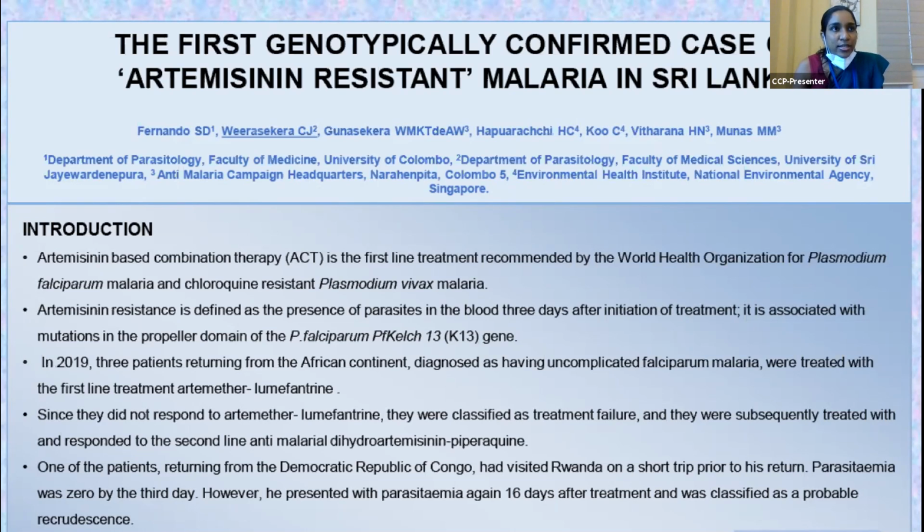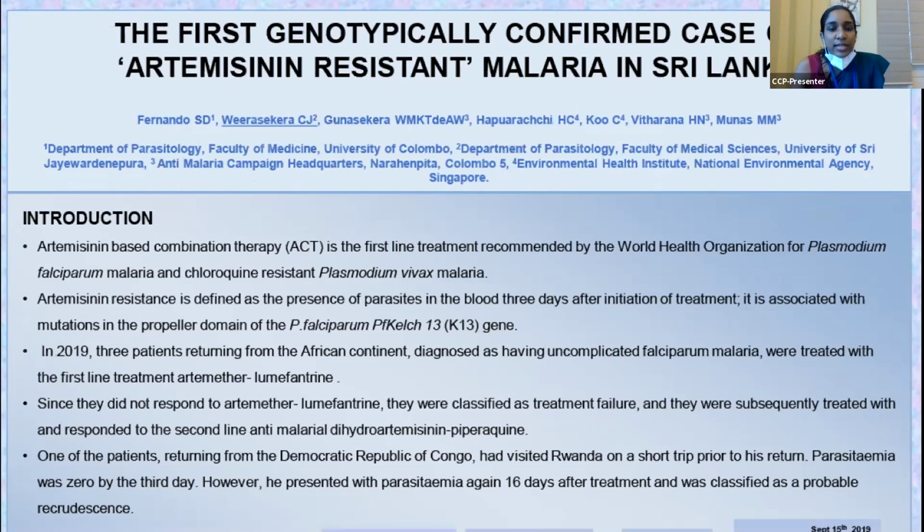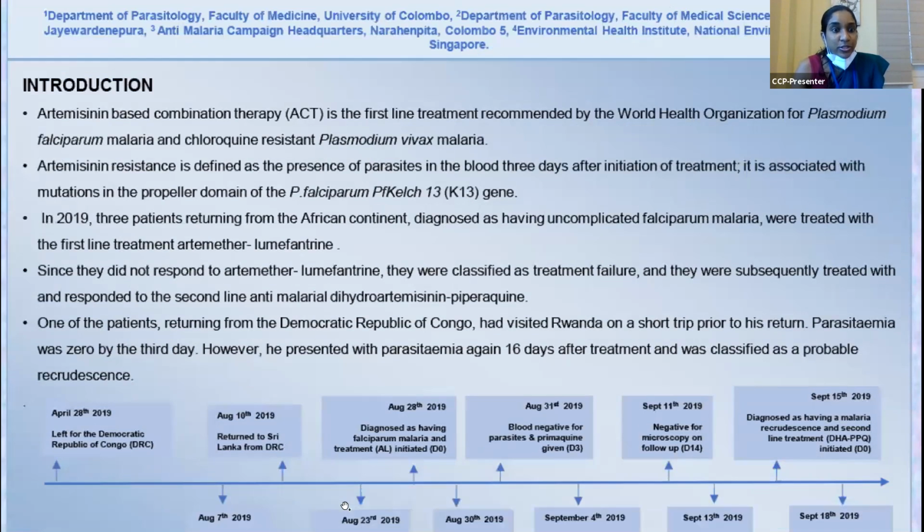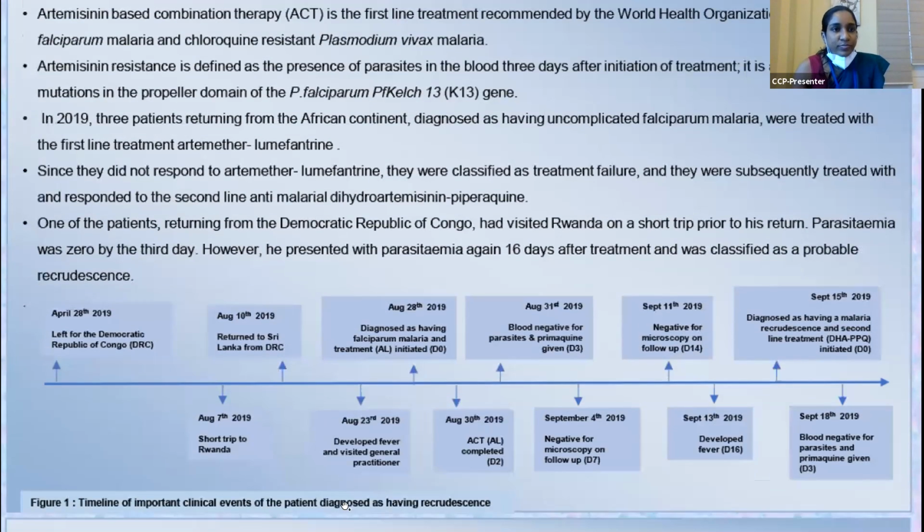In 2019, a Sri Lankan visiting from the Democratic Republic of Congo had gone on a short trip to Rwanda 1 week prior to his return to Sri Lanka. Upon return, after 5 days, he developed fever and was diagnosed as having Plasmodium falciparum infection another 5 days later.